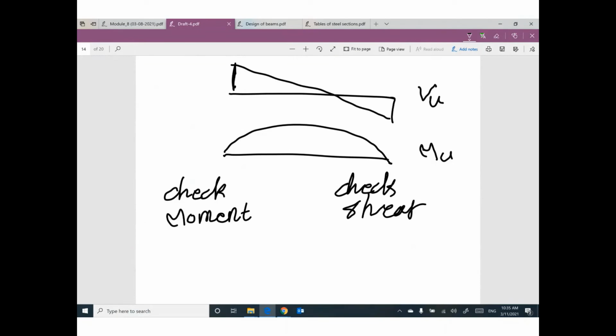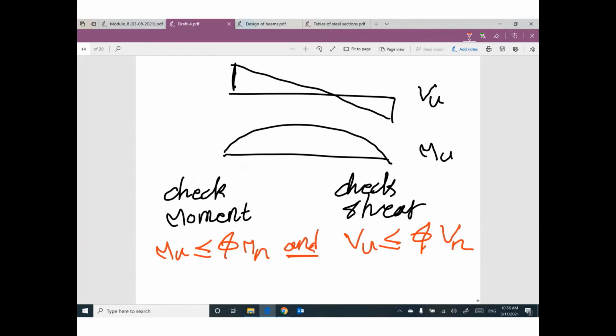Both of them must be safe. So M ultimate must be smaller than or equal to phi Mn, and V ultimate must be smaller than or equal to phi Vn. Both of them, and, not or. It doesn't make sense to say the shear is safe but the moment is unsafe. That means the cross section is unsafe.